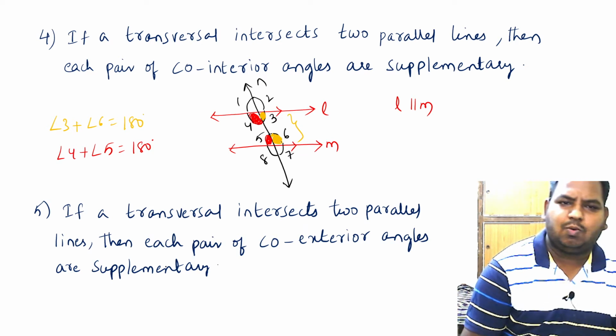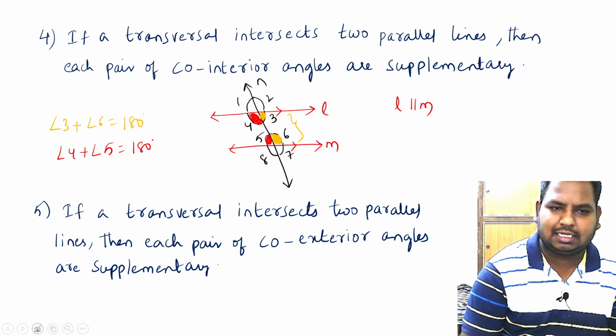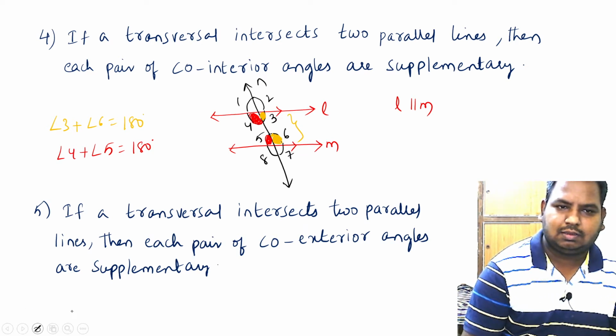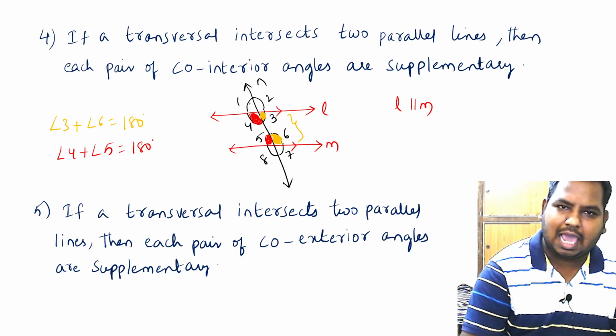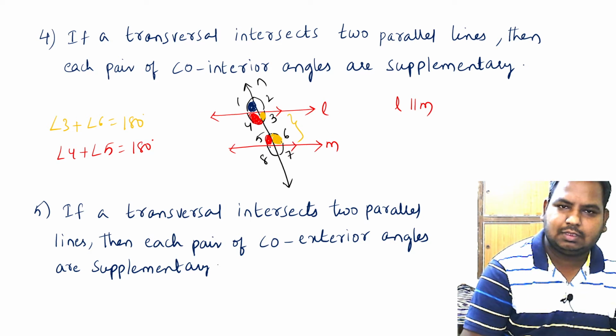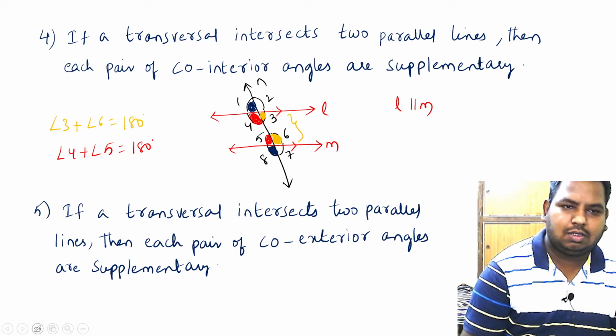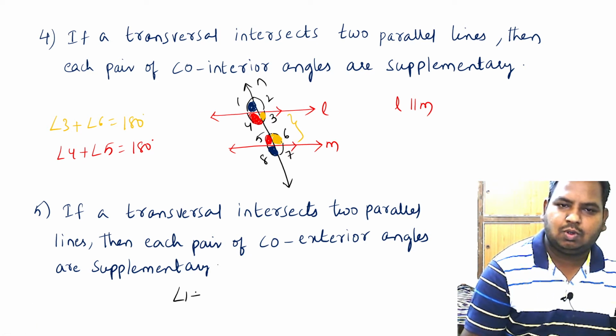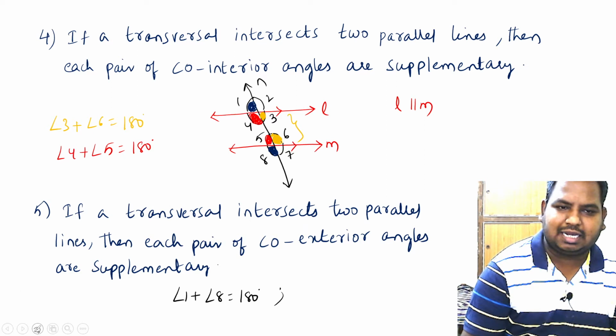Okay. What is the first pair of co-exterior angles? The first pair is angle 1 and angle 8. So angle 1 plus angle 8 is equal to 180 degrees. What is the second pair here?